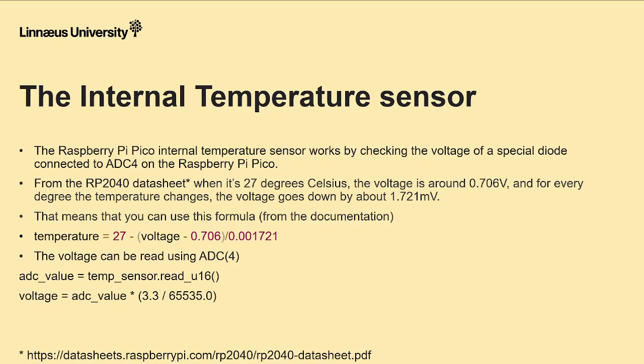And for every degree the temperature changes, the voltage goes up or down by about 1.7 millivolts. You can find this formula in the documentation, and I have just copied it here. And we will use this code to read the temperature from the sensor and then send it to another Pico to show it.